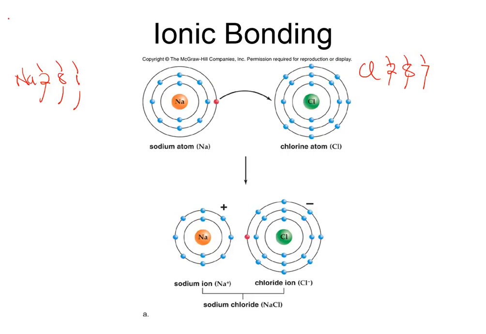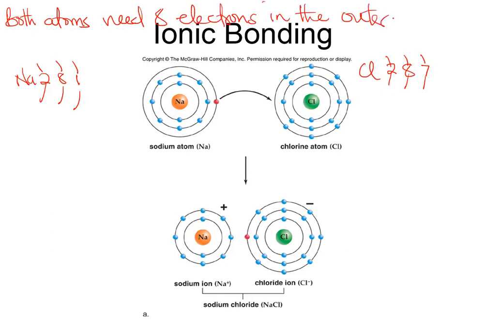So both atoms need 8 electrons in the outer shell to be stable. So if sodium has to be stable, it needs 8 electrons in the outer shell. If chlorine has to be stable, it also needs 8 electrons in the outer shell.